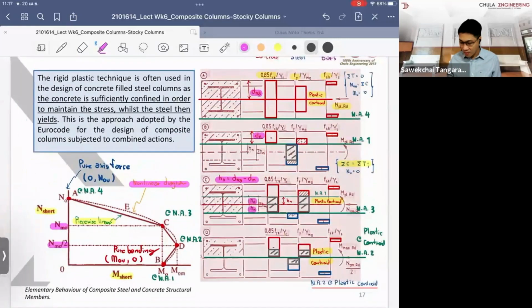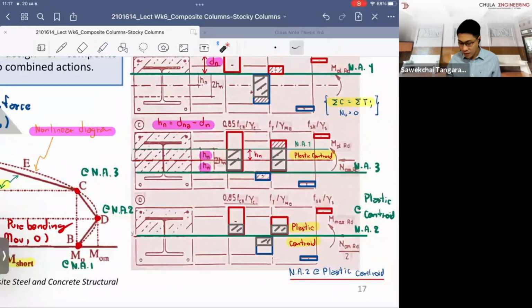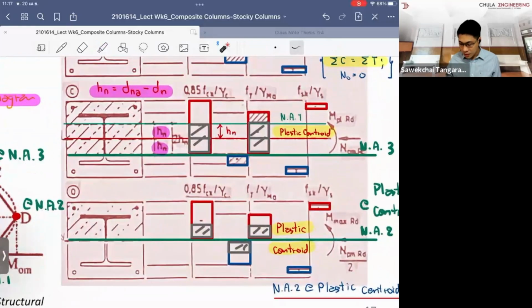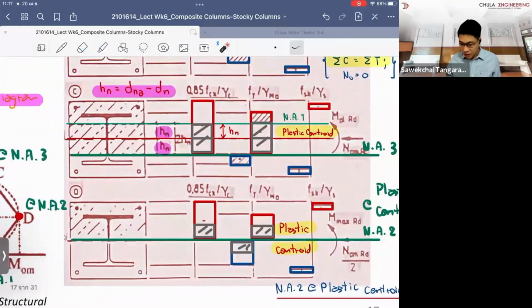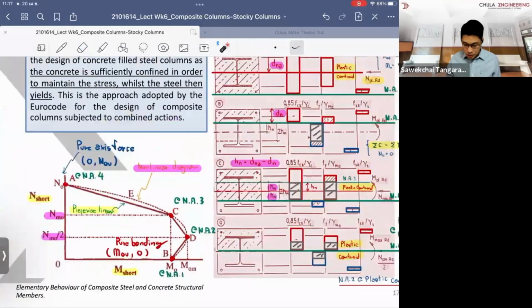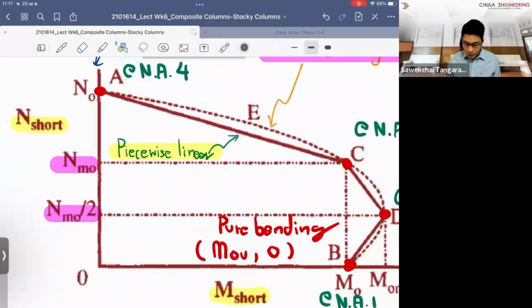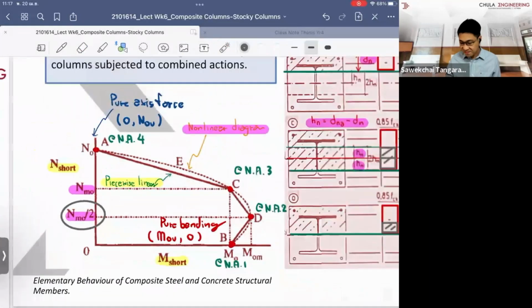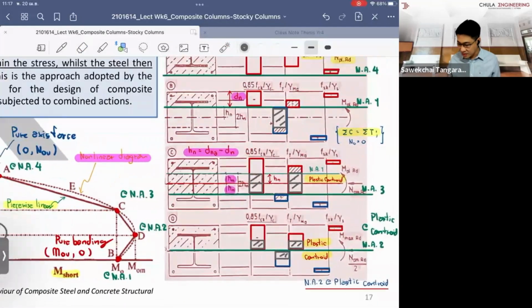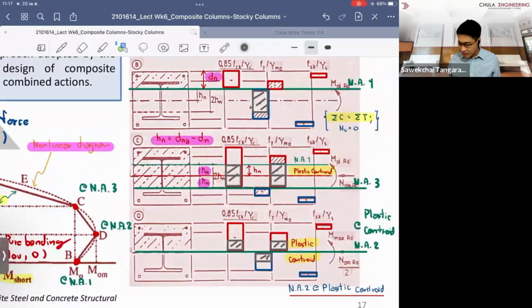If you compare the proportions that I wrote in the gray lines, this is in compression and this is in tension. You see that in this diagram you lose by half, so you lose the axial compression by half. This is just to explain it.